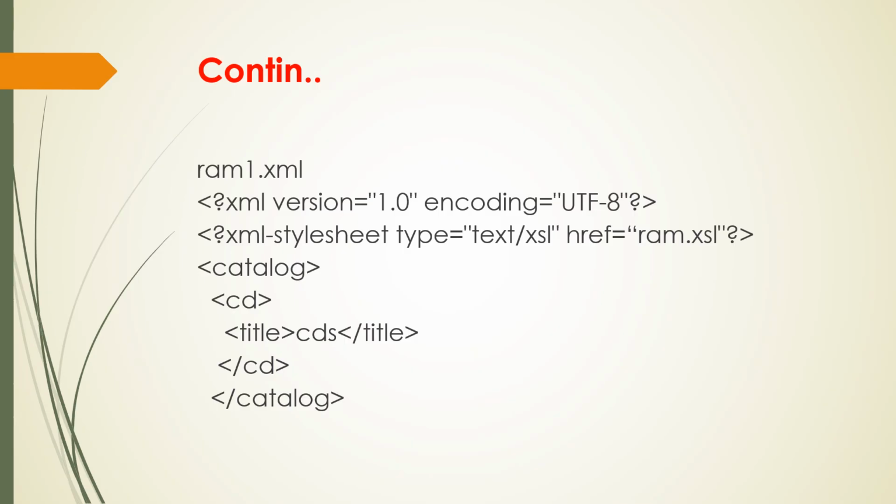Title contains the text CDs. The xml-stylesheet tag is used to connect the XML program to the XSL program. Here we indicate type equal to text/xsl. It contains an attribute called href. Href means hyperlink reference. It contains the hyperlink of the XSL style sheet program.